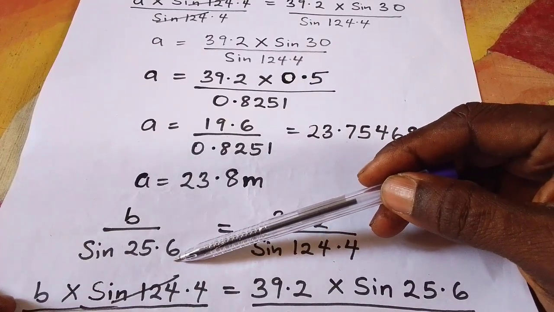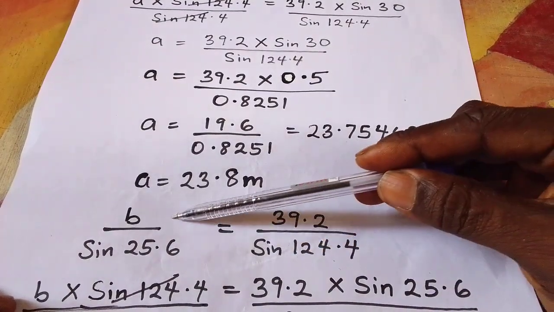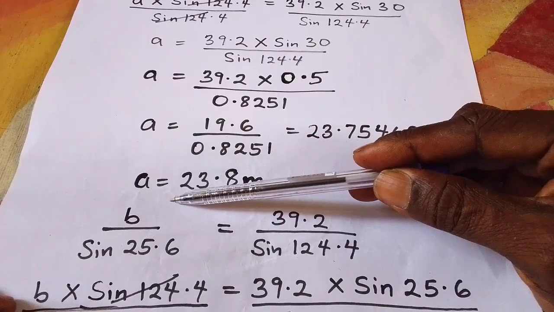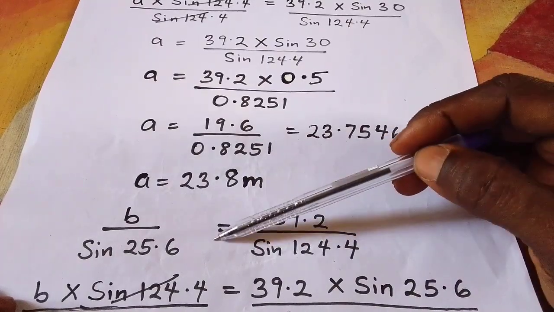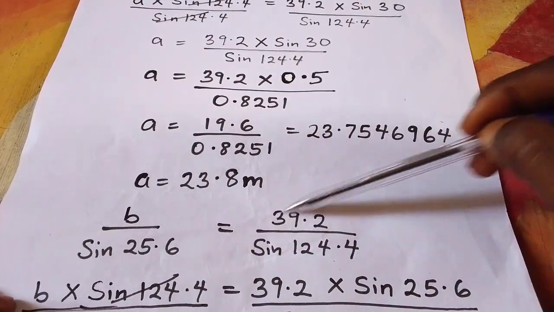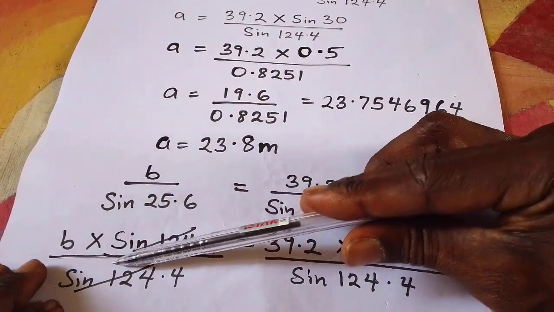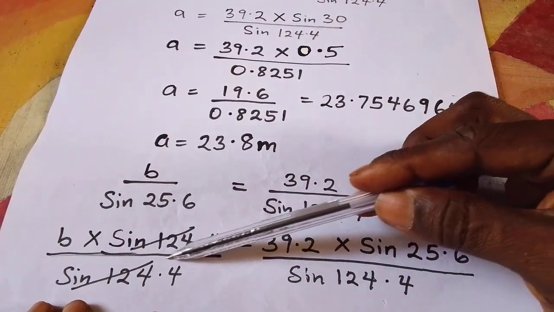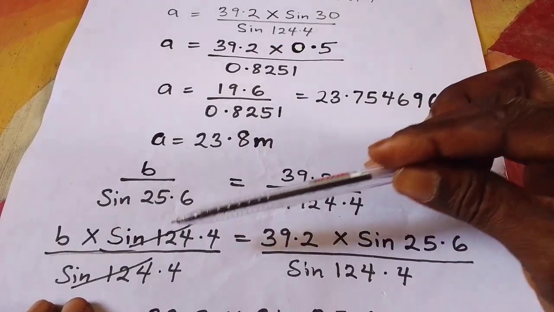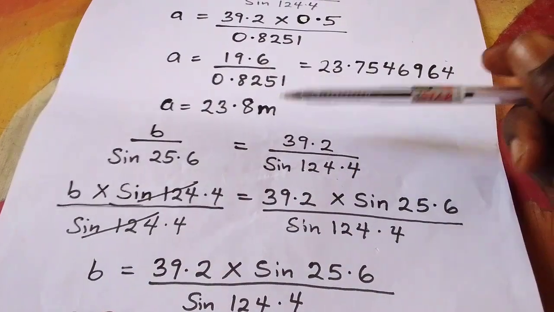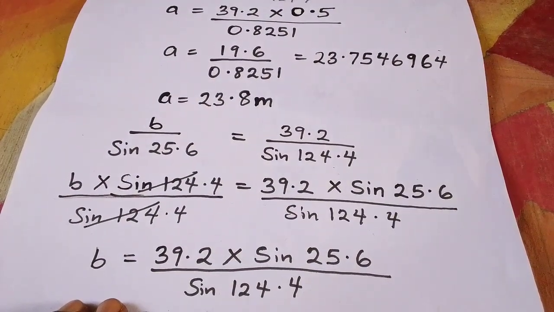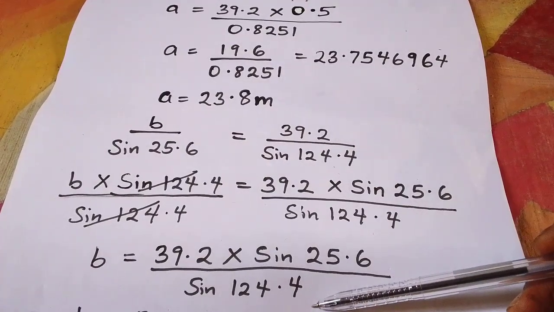So you cross multiply: B times sine 124.4 is equal to 39.2 times sine 25.6. Since we are looking for B alone, divide both sides by sine 124.4 so that you are left with B this side. You now have 39.2 times sine 25.6 over sine 124.4.